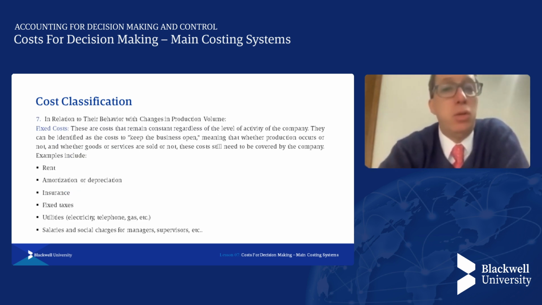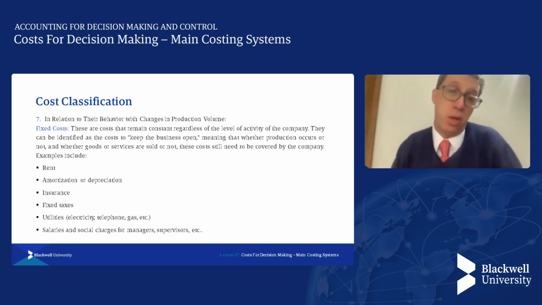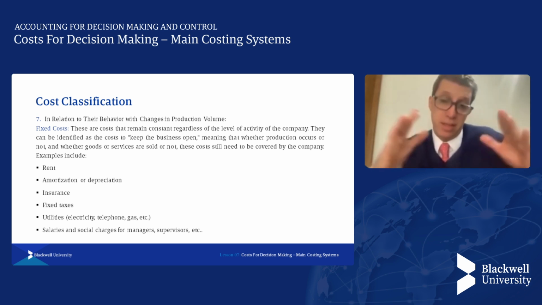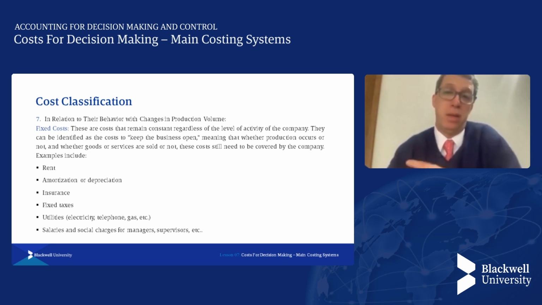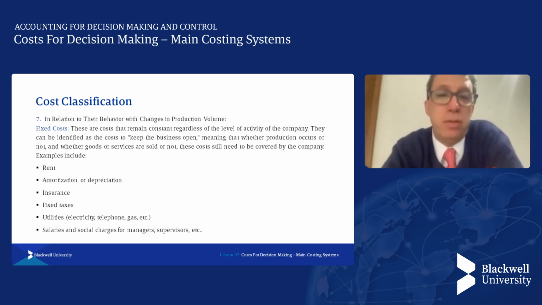Seventh, in relation to its behavior with changes in production volume. And here we can show all the famous fixed costs. These are costs that, within a certain range at least, do not change regardless of the level of activity. And these are the costs that serve to keep, so to speak, the business open. You must be certain that whether production takes place or not, and whether the service is sold or not, these costs must still be covered by the company.